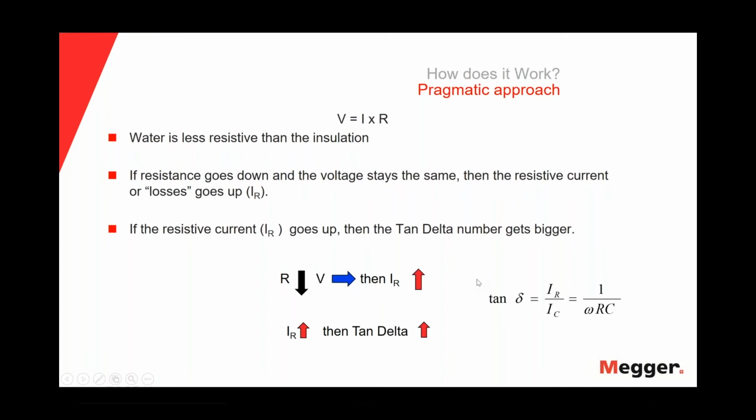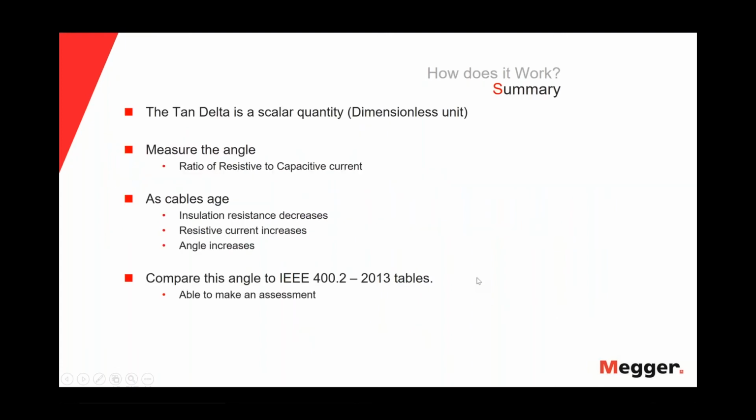So, doing a summary of how the tan delta works, we can say that the tan delta is a scalar quantity, a dimensionless unit. We measure the angle or the ratio of the resistive to the capacitive current.